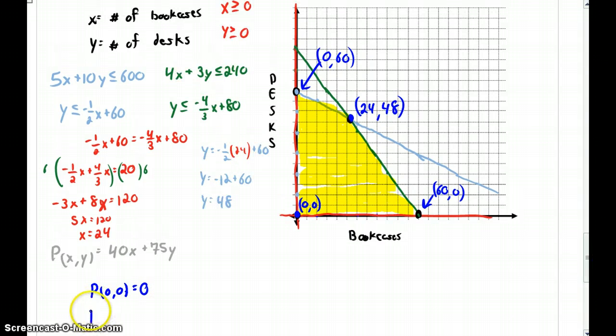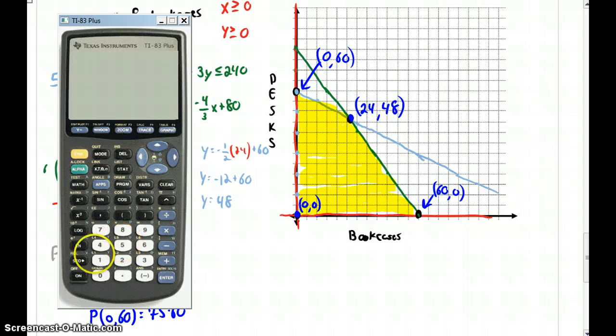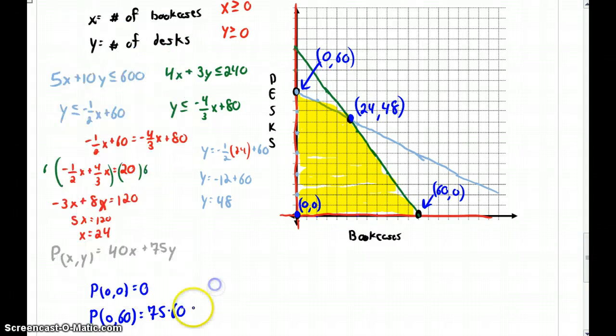The profit for 0 bookcases and 60 desks is going to be 40 times 0 plus 75 times 60. 75 times 60 gets you 4,500. Much better than 0.